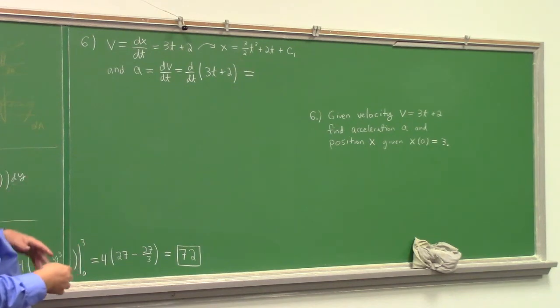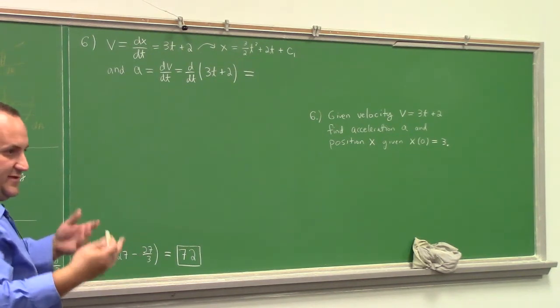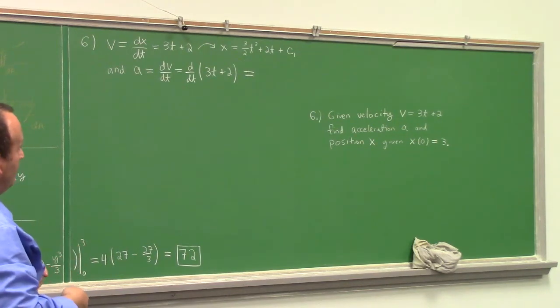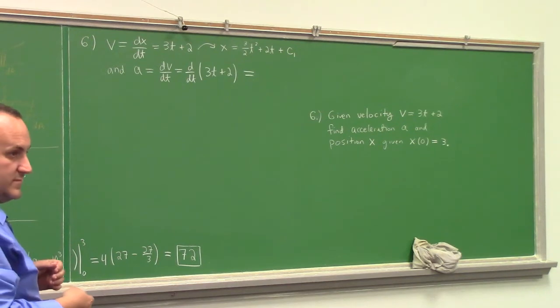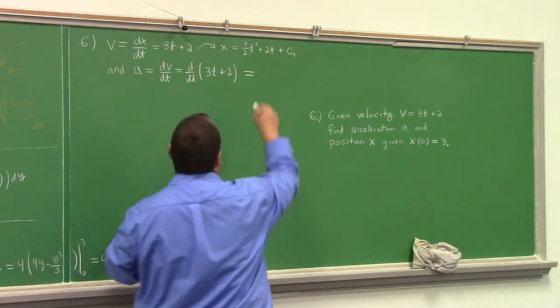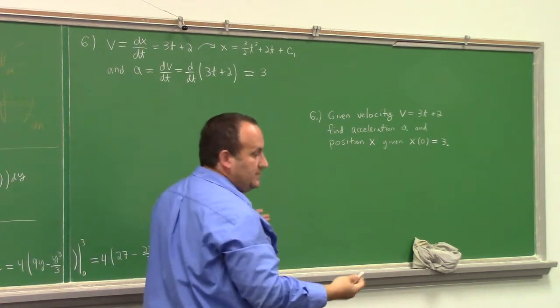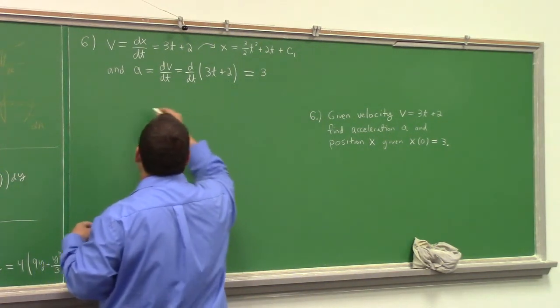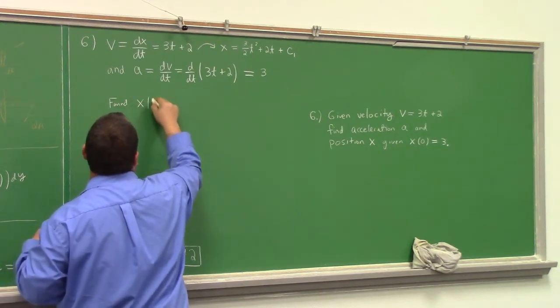We don't want the C1 in our answer though, but we'll get back to that. How about the acceleration though? This is easier. What is acceleration? Just 3, exactly, yeah. So the acceleration is 3. Found that, and position as a function of time.